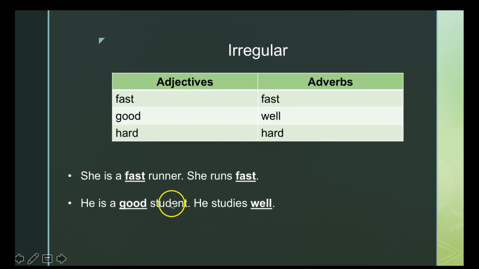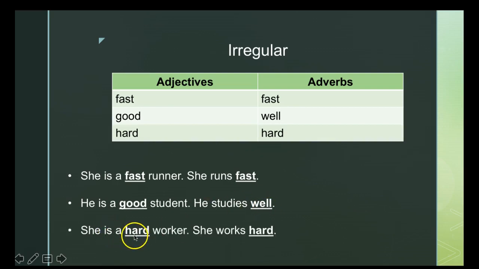He is a good student. We are describing student. This is a noun, so we need the adjective, good. He studies well. We are describing the action verb study, so we need the adverb, well.